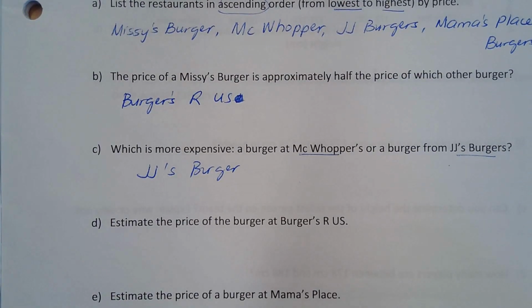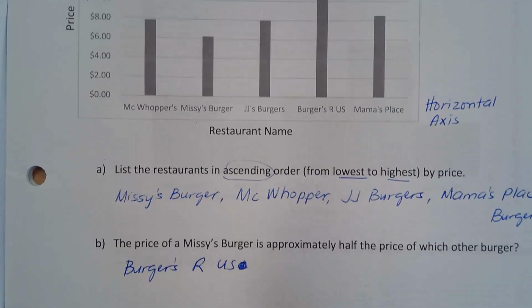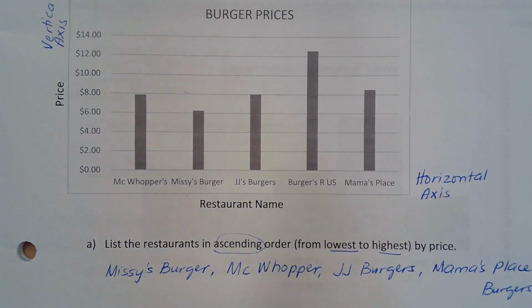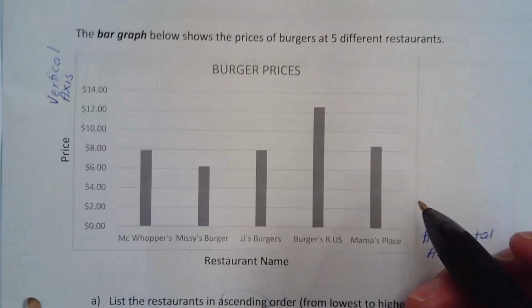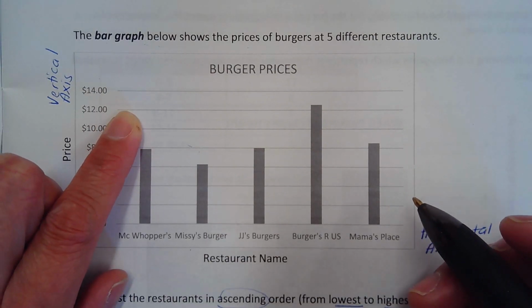Okay, estimate the price of burger at Burgers R Us. How much is that approximately? Okay, so it's about 12.25. How do we figure that out?